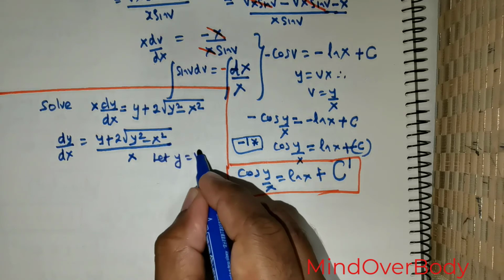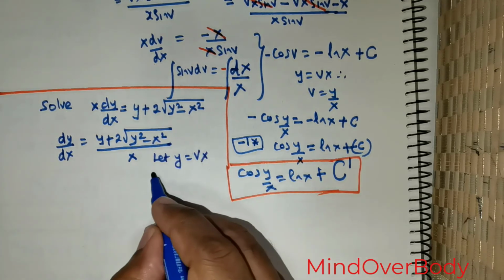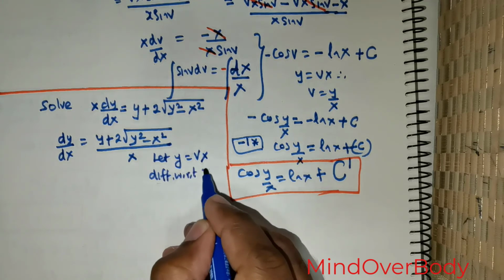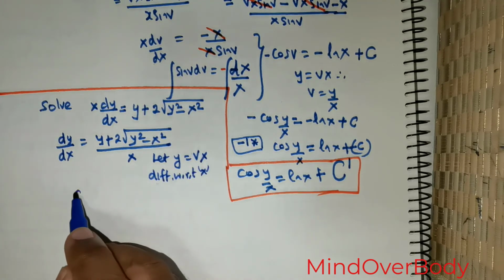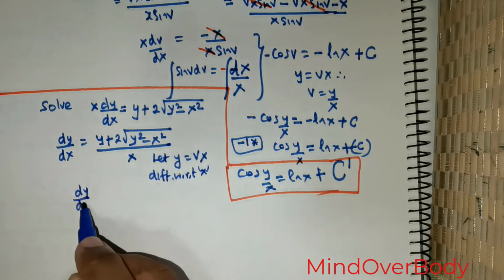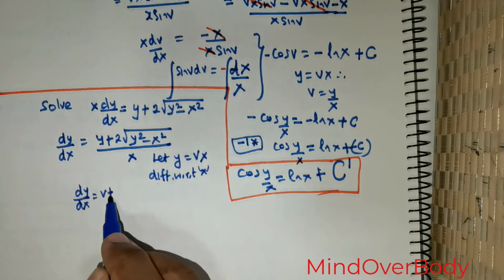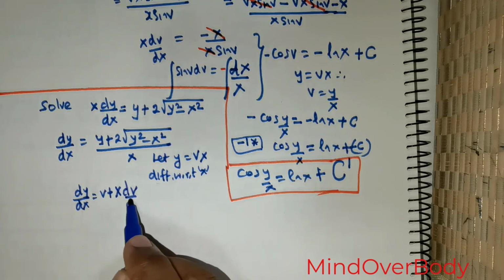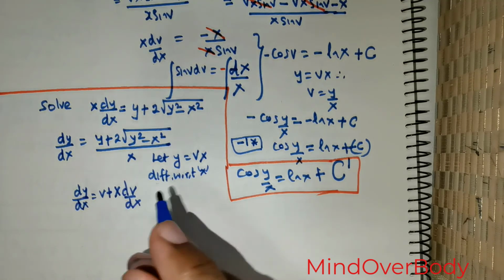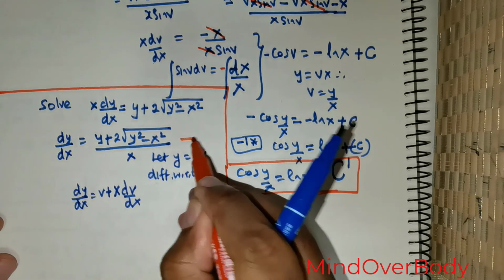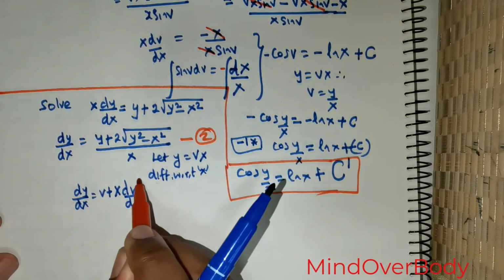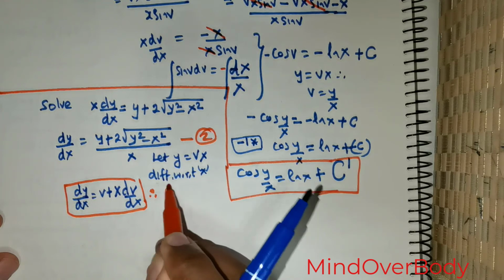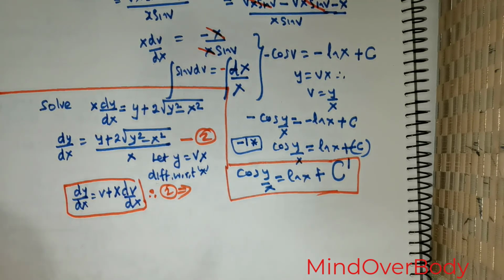So what I would do is I will say let y be equal to v times x, and then I will differentiate this with respect to x. When I do that, I get dy over dx is equal to v positive x times dv over dx. So this is what I've got. Now I would like to take this as 2, and I will be rewriting 2 using this.